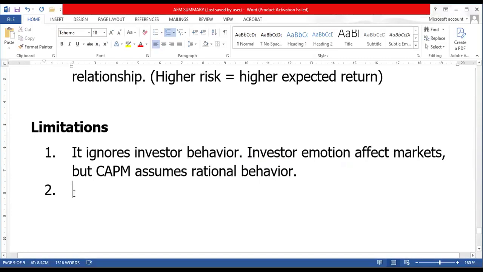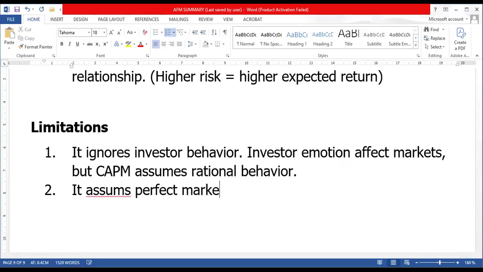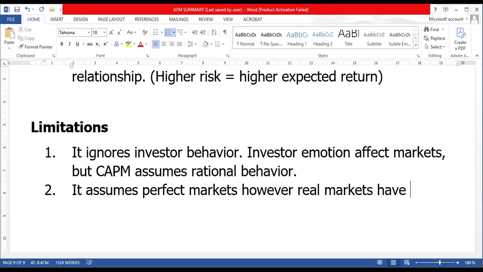Then we can also say that it assumes perfect markets. This is an assumption, but at the same time, a limitation. In real life, real markets have taxes.